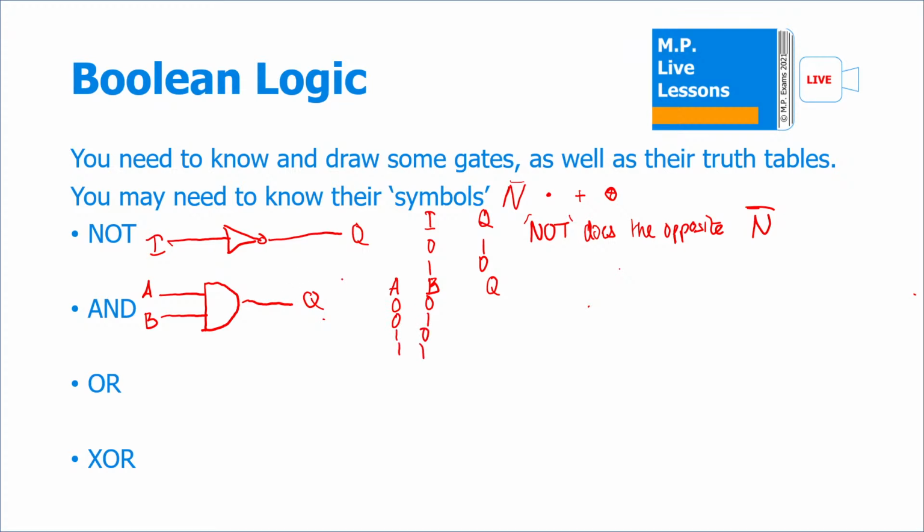Now, the output is only 1 if both are 1. So basically A and B are both 1.